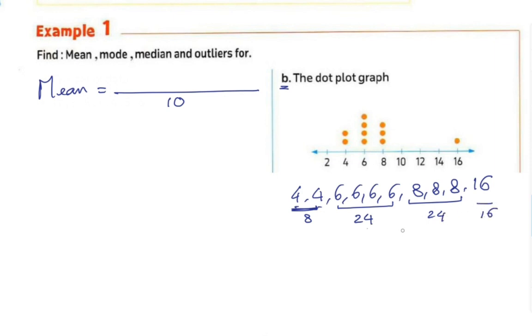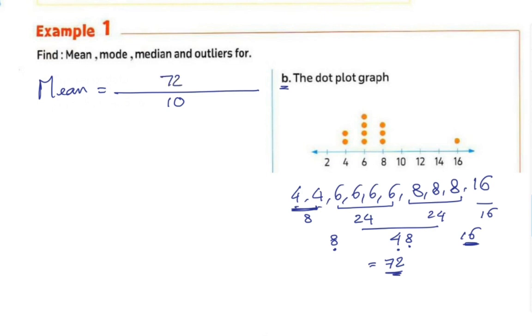If you add 24 plus 24, we have 48, and 16 and 8. Now add with me. 8 plus 8 equals 16. 16 plus 16 equals 32. 32 plus 40, we have 72.